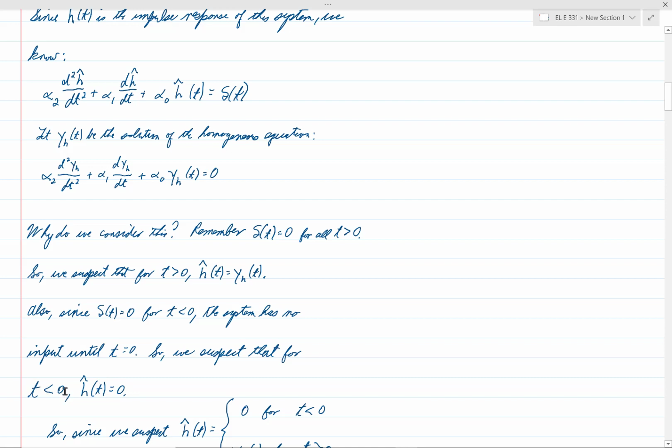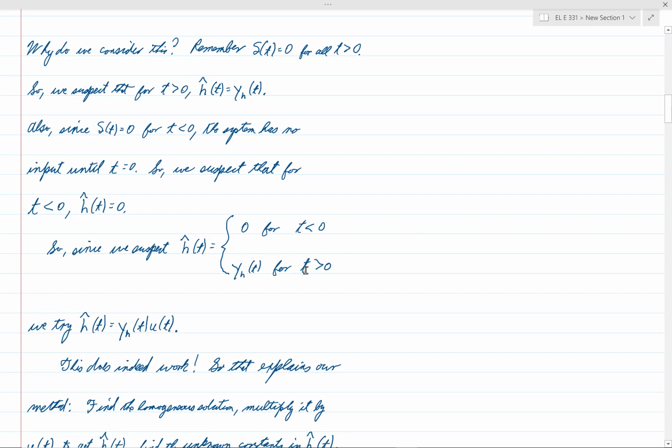So if h hat is equal to 0 for all t less than 0, and is equal to yh of t for all t greater than 0, that's what we have right here. We're suspecting that h hat of t is equal to 0 for all t less than 0, and yh of t for all t greater than 0.